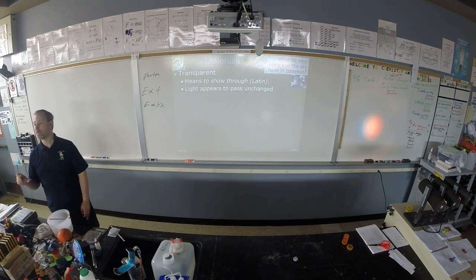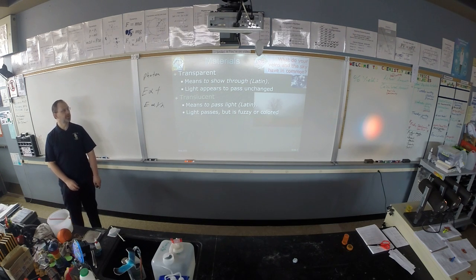Then it slows down again as it enters my eye, and gets absorbed and makes a chemical reaction in my eye. It doesn't stay slow. It slows down in the material and speeds up again when there's nothing in the way. Cool? That's transparent.